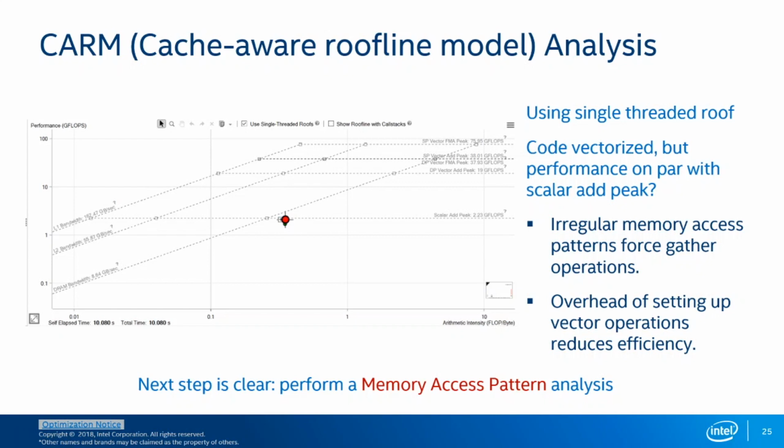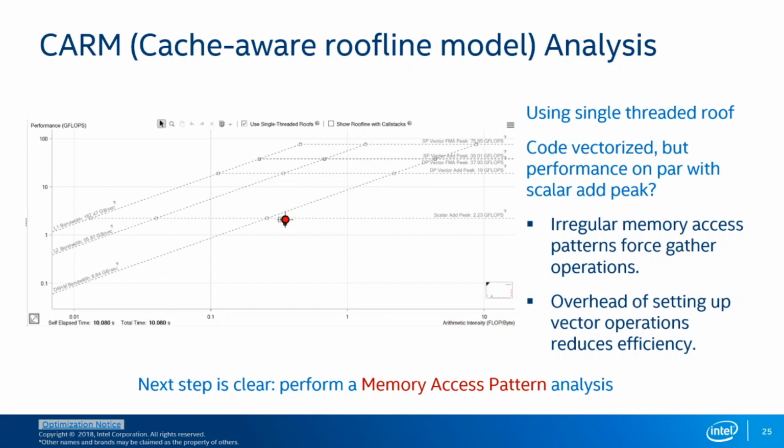Or if you're using a different version of Advisor, you might have the option to select the number of threads to use. So we would just select one, and we can also use this window here to change the filtering and how our kernel is displayed.